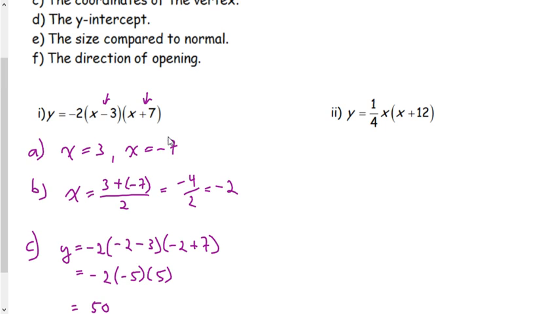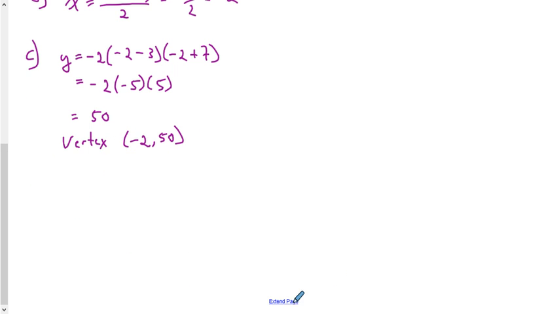Okay, D was the y-intercept. Now we know our y-intercept occurs when x equals 0, right? So we'll say, okay, when x is 0, what's our y going to be? Well, let's use our equation.